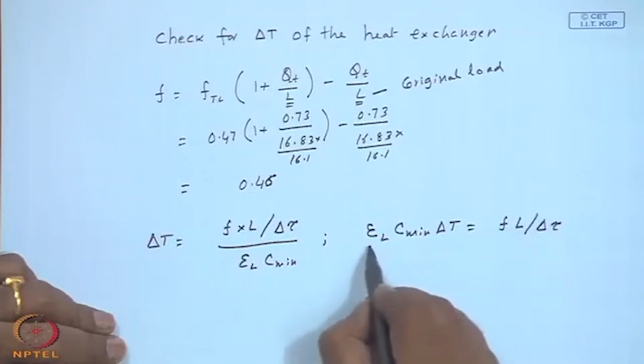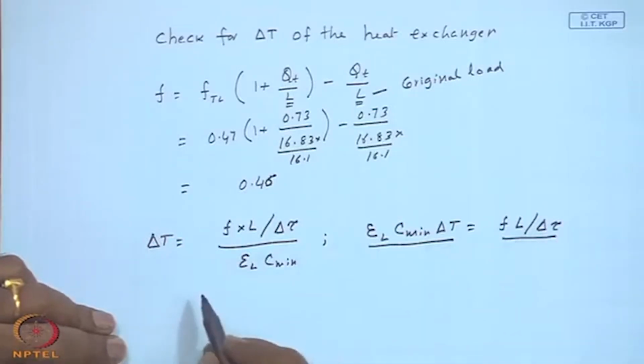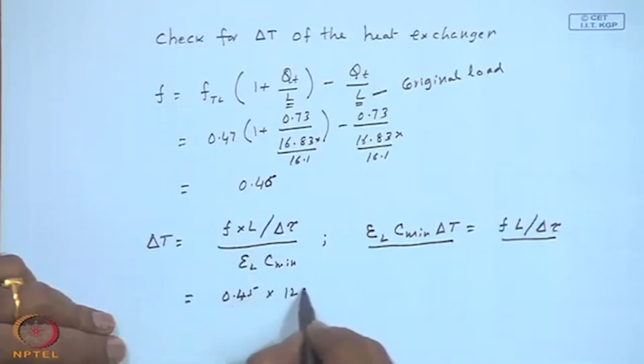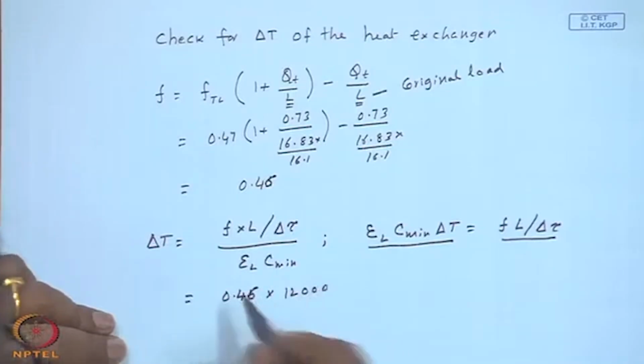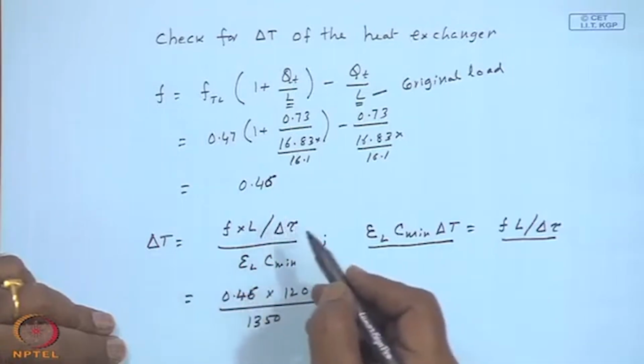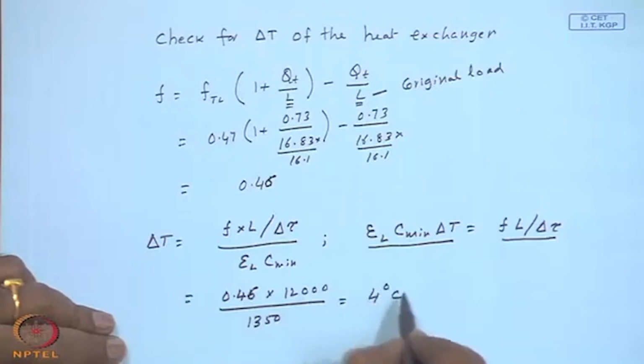So, if you interpret like that, this is the perfect heat exchanger heat gain equation and this is the energy transferred. So, this delta T should be equal to 0.46 into 12,000 by 1350. I do not have to calculate from 16.1 gigajoules by 24 by 31, 3600 and all that, because the rate is already known to us, which is 4 degrees C.